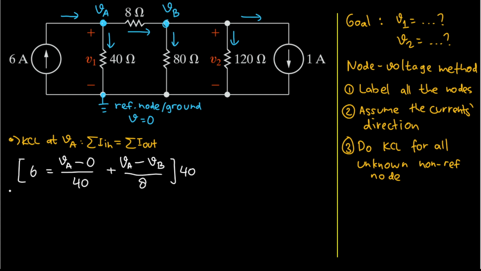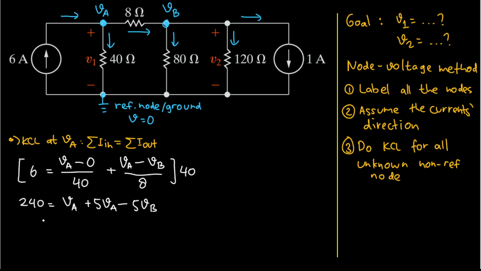6 multiplied by 40, that will be 240. And then 40 and 40 will cancel each other, so it's left with VA minus 0, but VA minus 0 is just VA. And here 8 and 40 will cancel into 5, so I will have plus 5 VA and then minus 5 VB. Good.